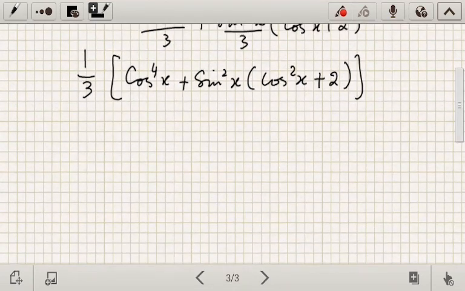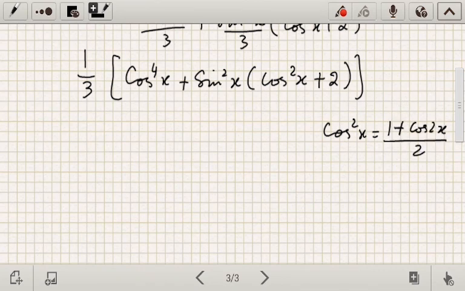Now we can write down cos square x as 1 plus cos 2x divided by 2.